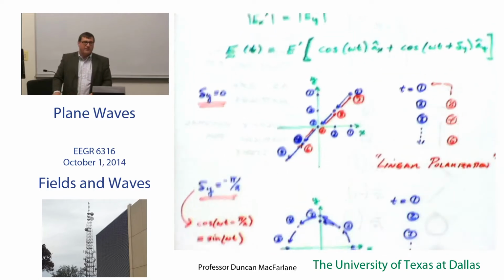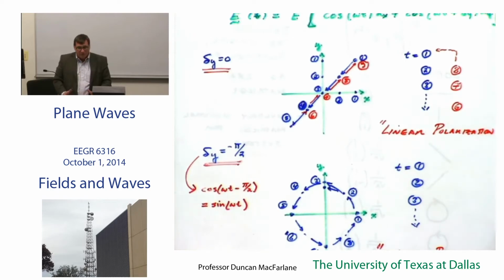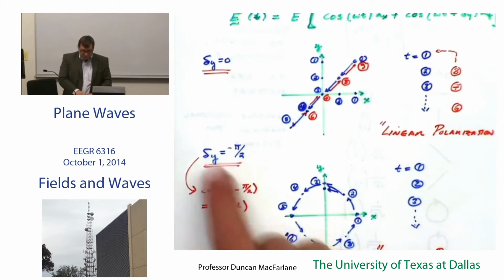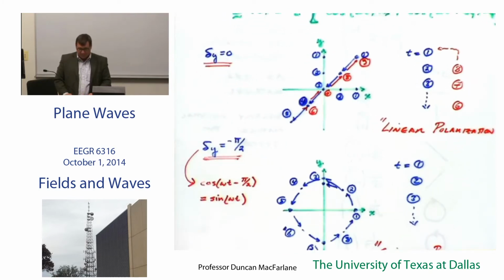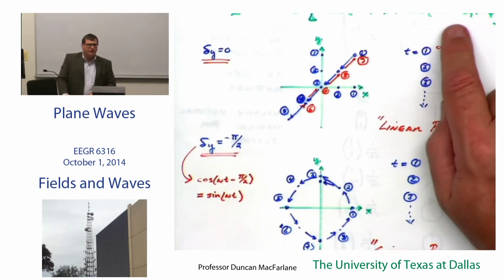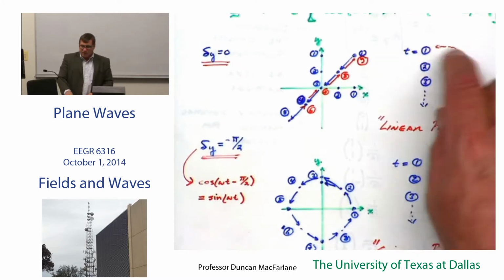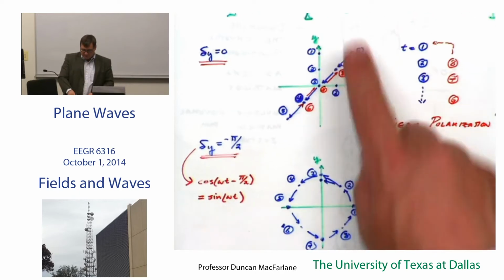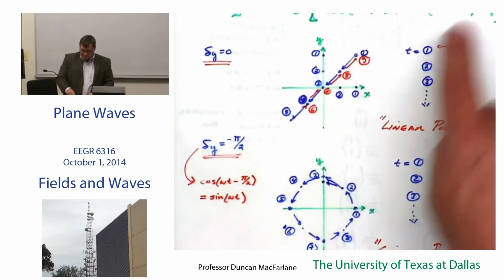So that's one example. Okay, let's walk through the same laborious, tedious argument for a delta equals minus pi over 2. And in that case, if I remember right, that guy turns into a sine, right? So I have a cosine term balanced with a sine term. So when the cosine is 1, that's at point 1, the cosine is maximal, but this term here is 0.